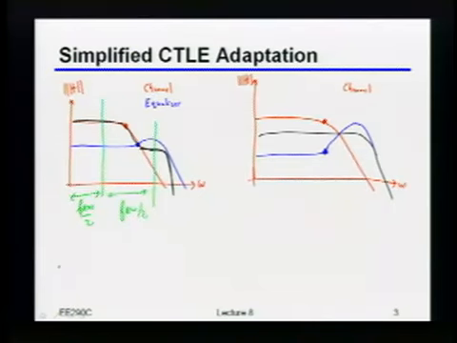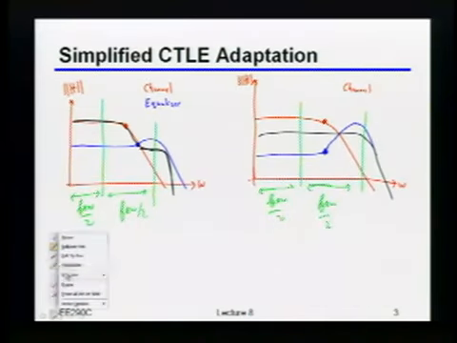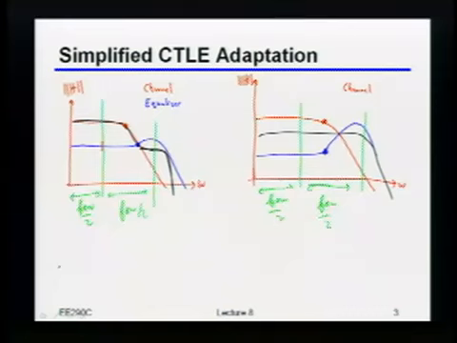If I look at the left-hand condition versus the right-hand condition, you should notice that they look different. In the left-hand case, when I haven't adapted things properly, I'm going to have a lot more energy in the lower half of my bandwidth than in the upper half, because in the upper half I've got that roll-off.